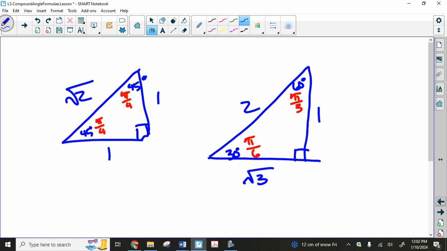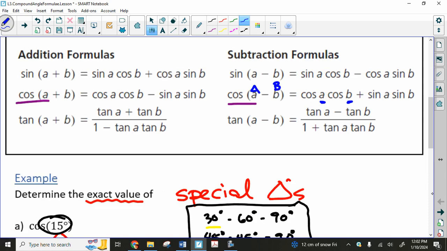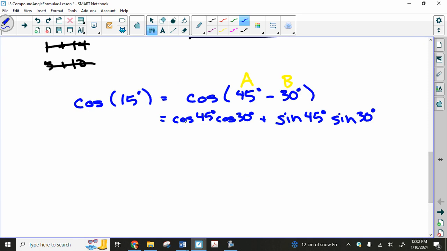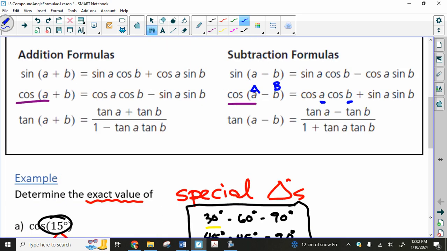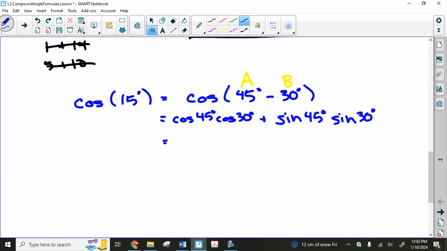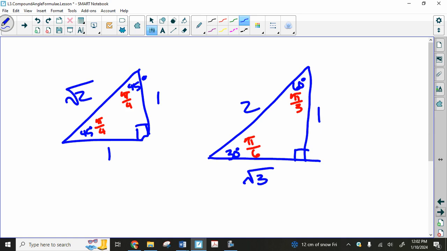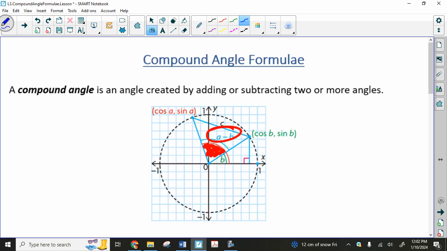Okay. So cos of 45 is adjacent over hypotenuse, 1 over root 2. Cos of 30 is adjacent over hypotenuse from the 30 angle. Adjacent is root 3, hypotenuse is 2.